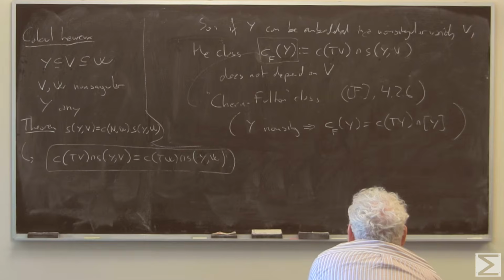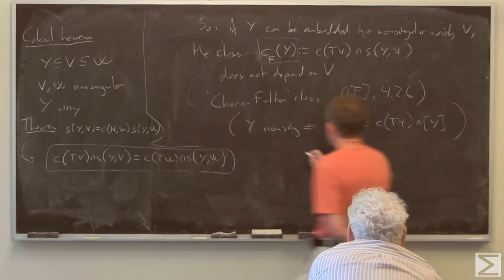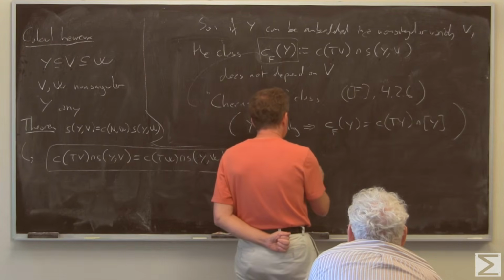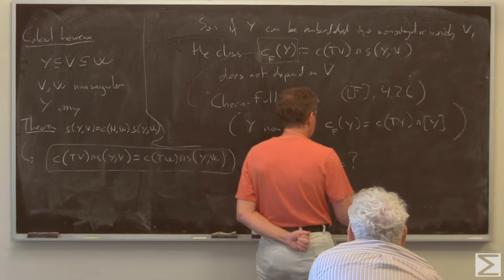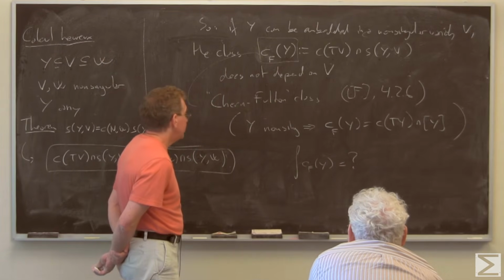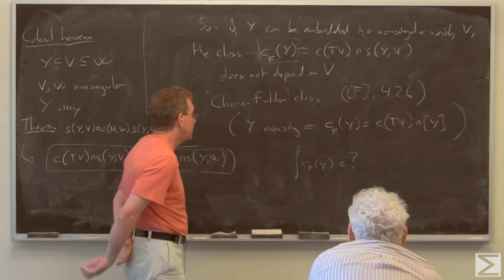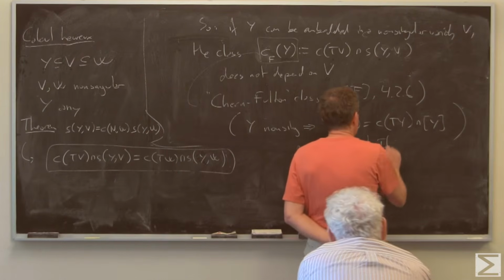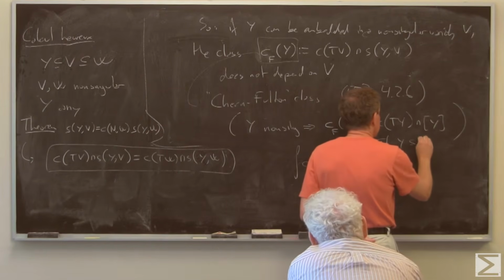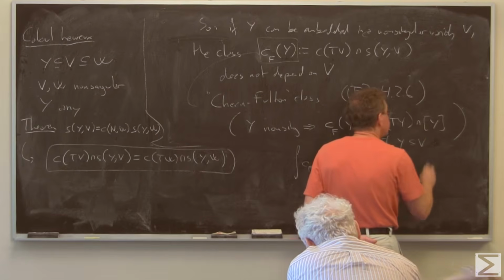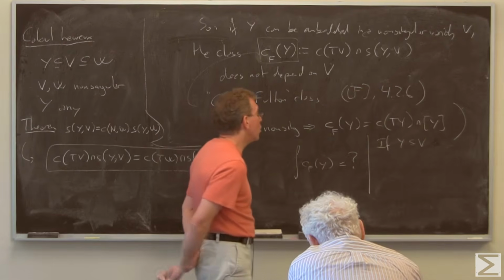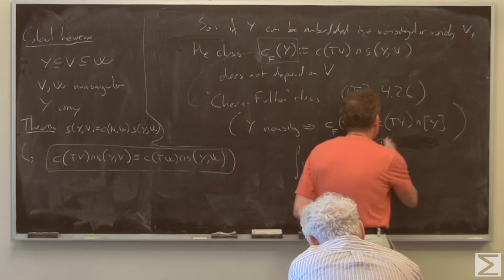The degree of the class. By degree you mean what I mean when I write this. I don't have a nice general statement, but if Y is a hypersurface, I don't want to say something just wrong. In fact, let me not write something wrong.